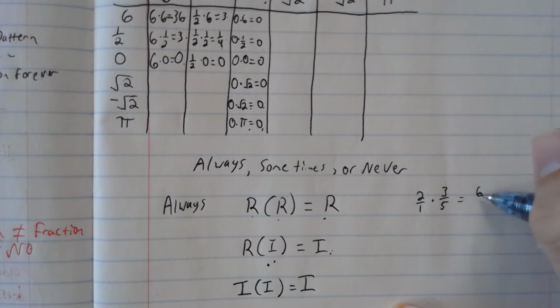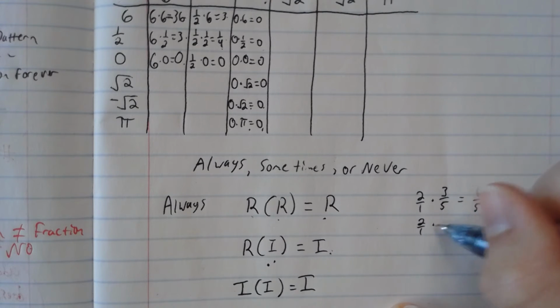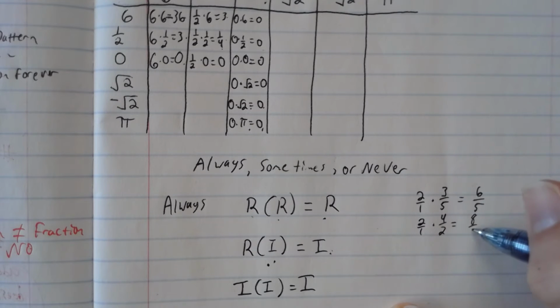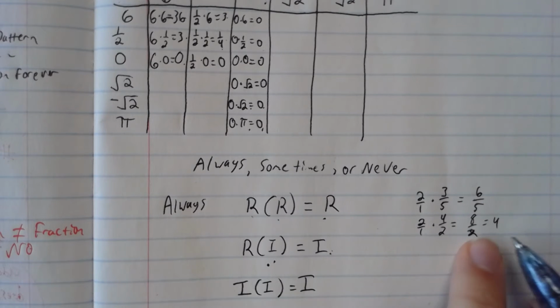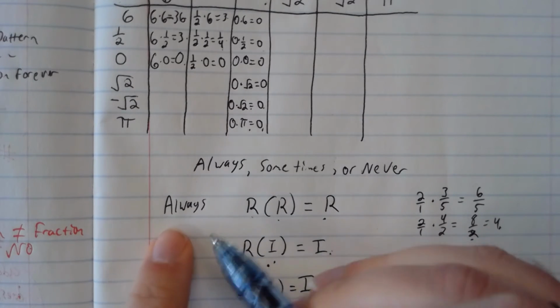That's 6 over 5, right? Or if I did 2 over 1 times 4 over 2, right? That's 8 over 4, or I'm sorry, 8 over 2, which is equal to 4. And you could say, oh, the 4 is not a fraction, but it can be written as a fraction, so it's still rational. And so this is always true.